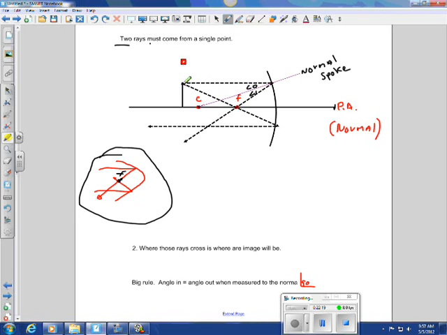I took 1 ray of light, it came in like this, hit the mirror, and bounced out through the focal point, like so. It came in parallel with the principal axis, and it bounced through the focal point. If I had forgotten that, I did not need to worry, because I could have also realized the same thing by using this normal, that the angle in was going to equal the angle out when measured to the normal.